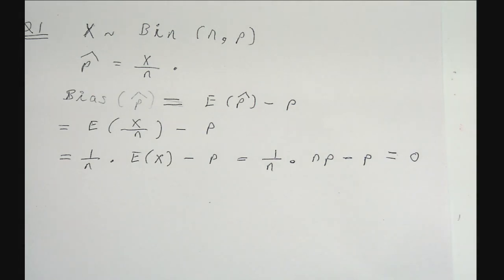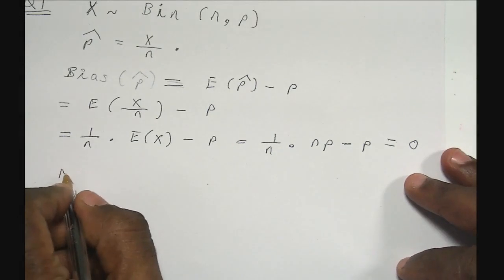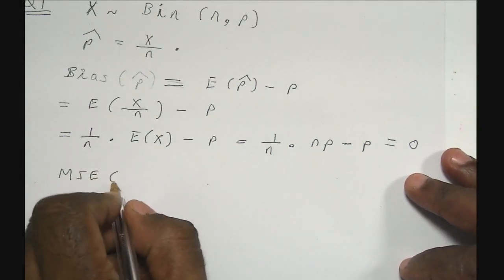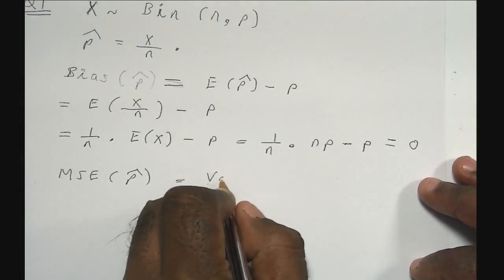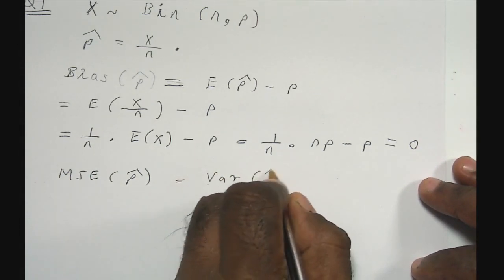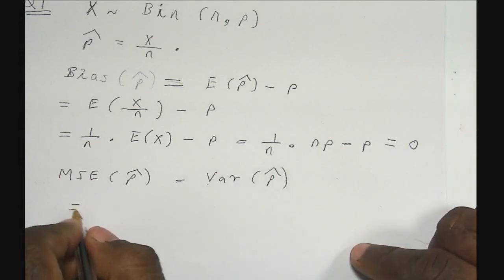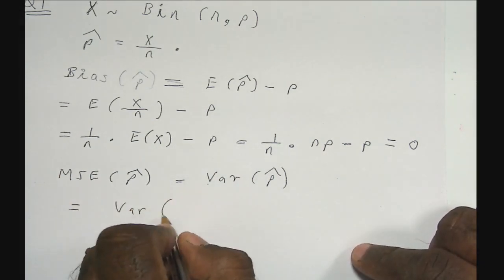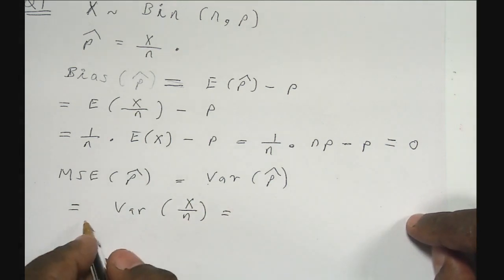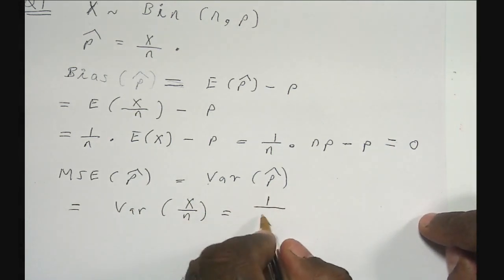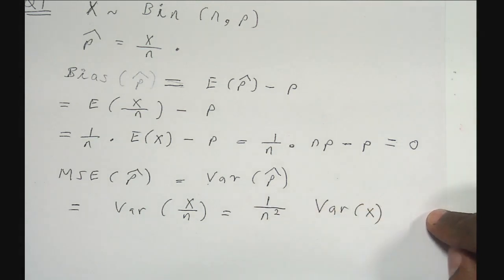Easy, right? Now to find the MSE, because the bias is 0, the MSE is the same as the variance of x by n, which, if you take the n outside, becomes this.